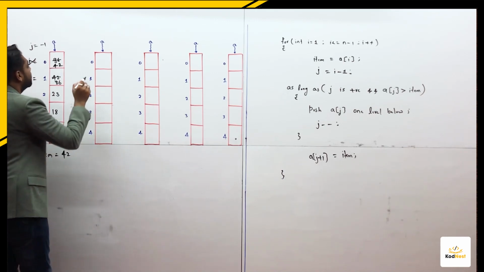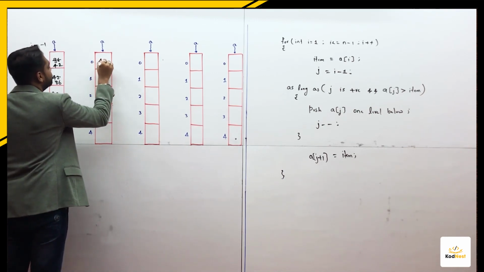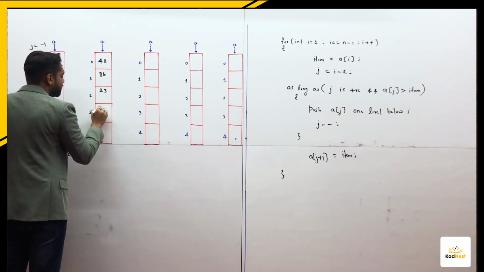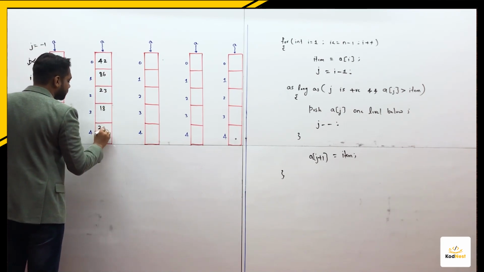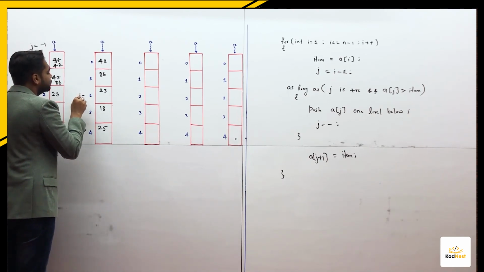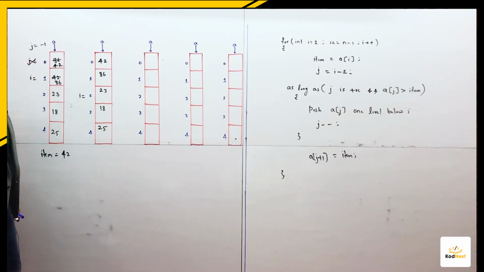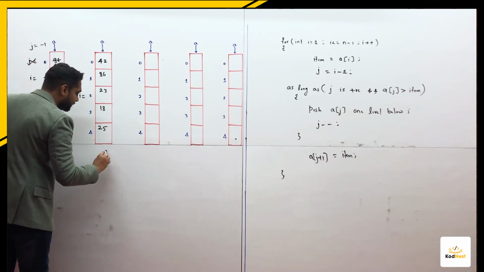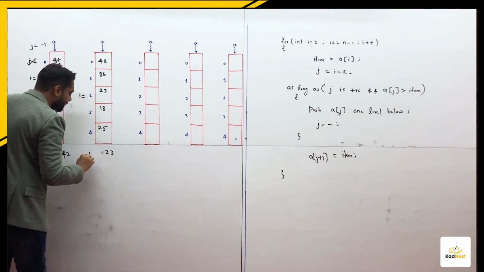As of now, array contents are like this: 42, 86, 23, 18, 25. I previously was 1, now I will become 2. Again continue. Whatever is there in array of I, give it to a variable called item.